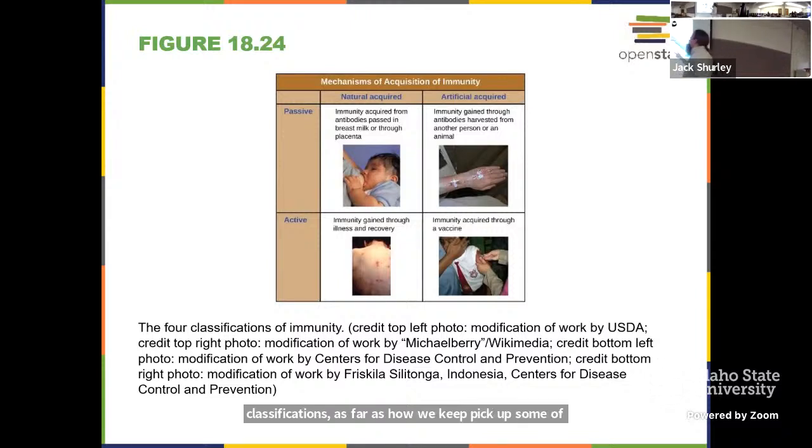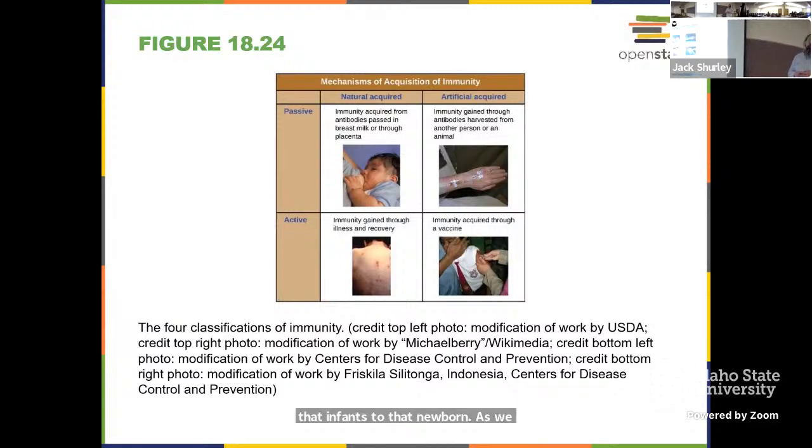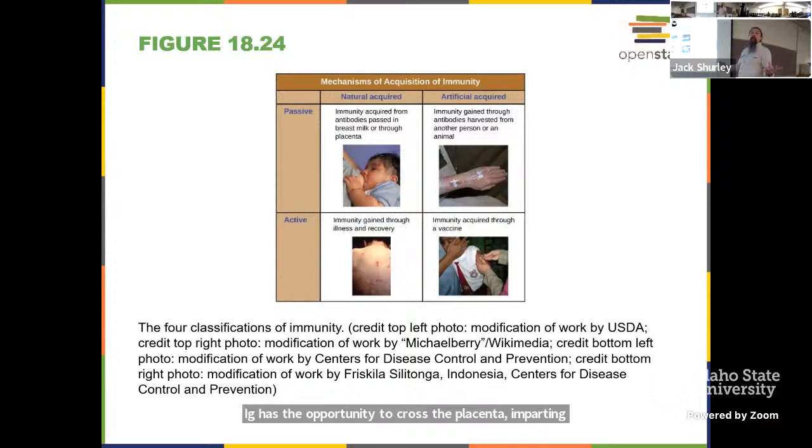The first one, the naturally acquired passive, we can see antibodies that are picked up by that infant, that newborn. As we described, IgG has the opportunity to cross the placenta, imparting some of the mother's protective immunity, IgG molecules, to that child. And then also through breastfeeding, they can pick up immunoglobulins that way as well.